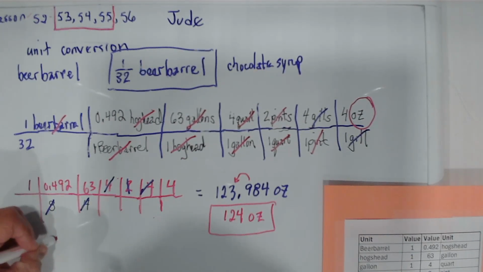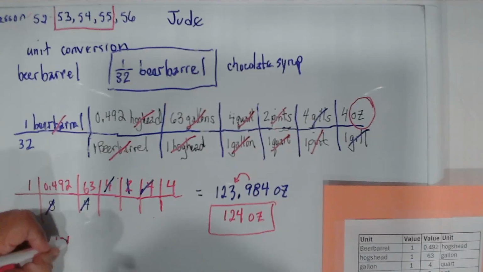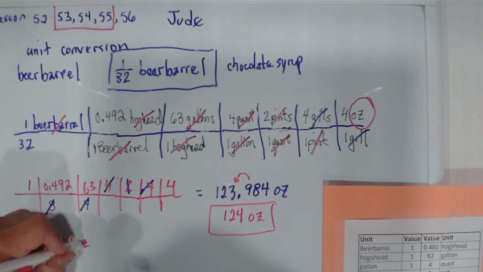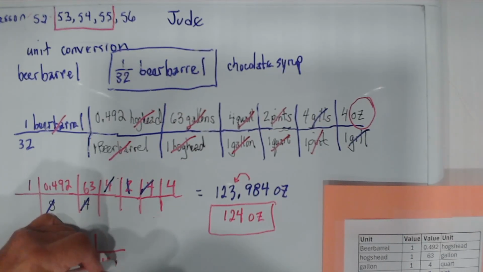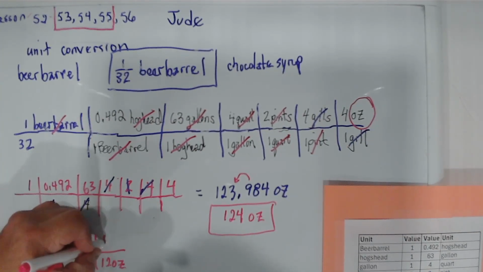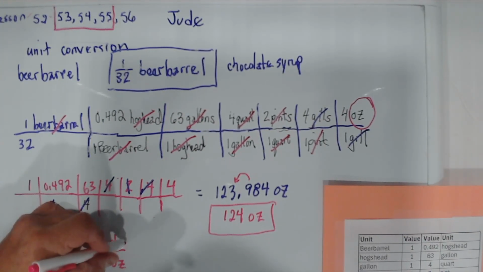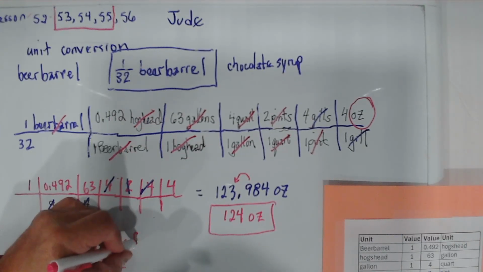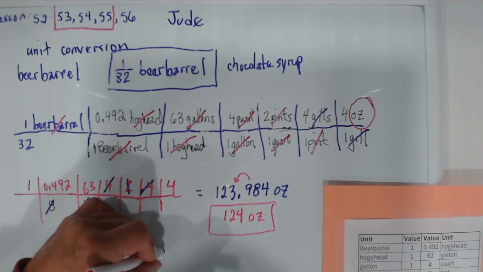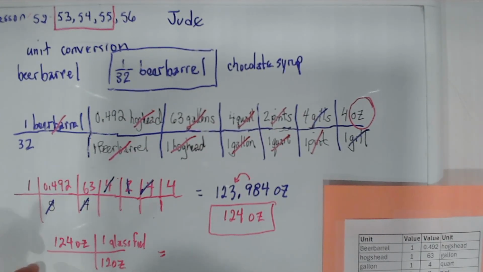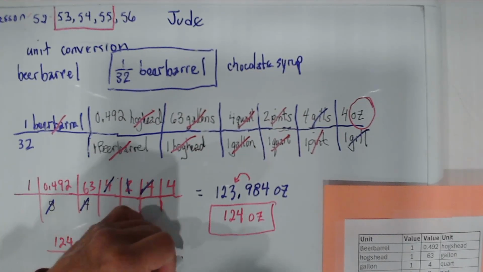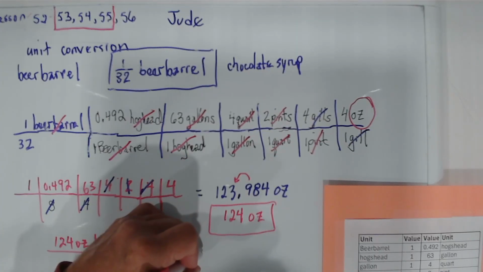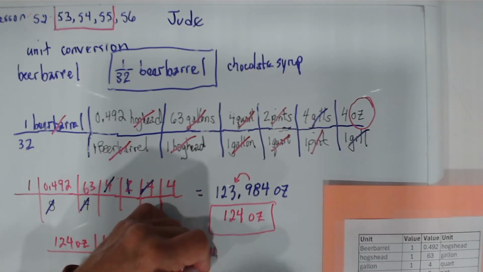So if I had 124 ounces, and we figure it's 12 ounces for 1 glassful, if you divide that by 12, you get about 10 full glasses.